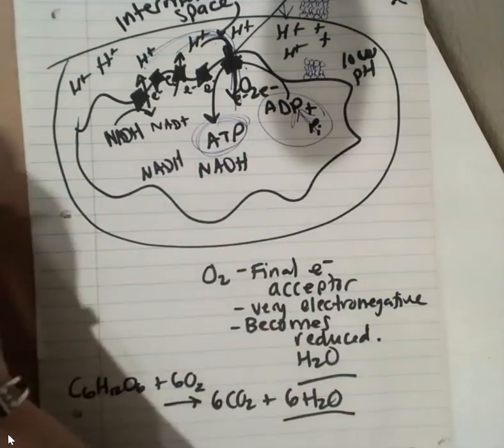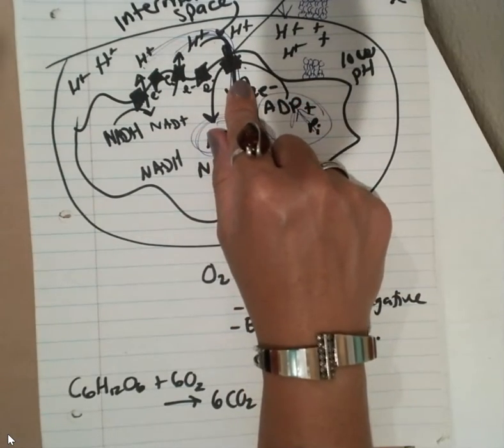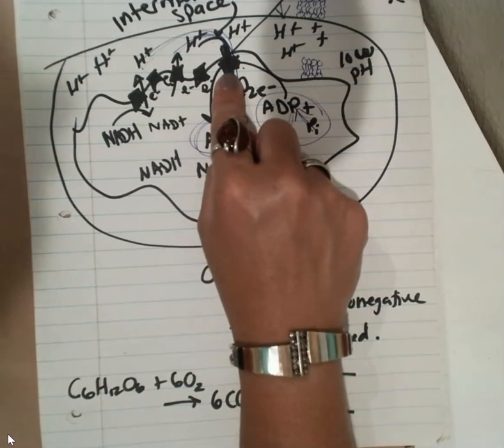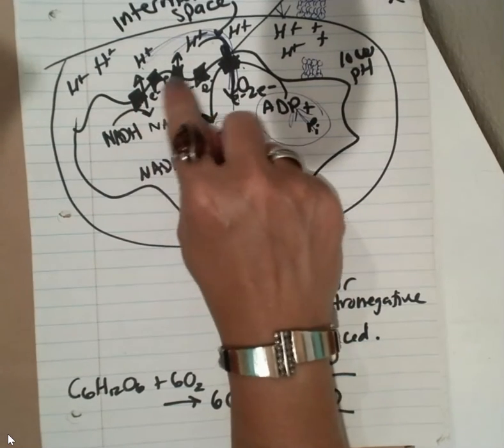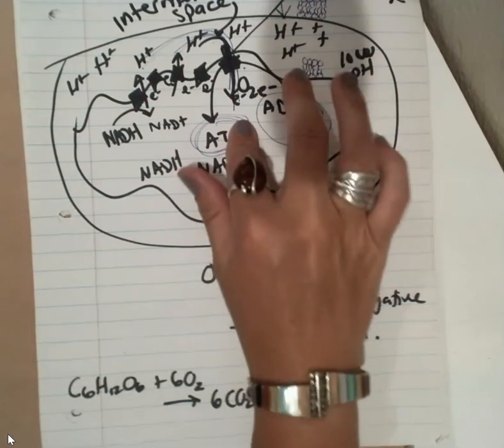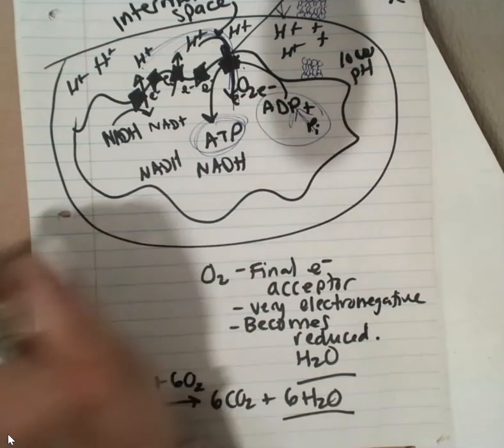Now, if for some reason you stop breathing, then there's no longer an electronegative final electron acceptor, and the electrons do not travel down the electron transport chain. And if they're not traveling down, then there's no proton gradient, and ATP production stops. And this is why death results in suffocation.